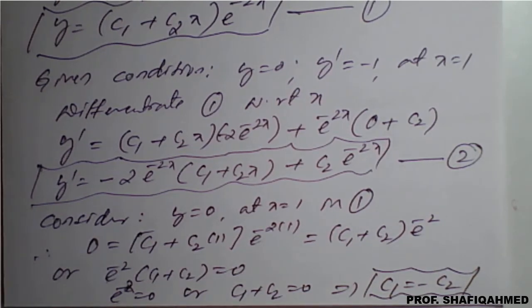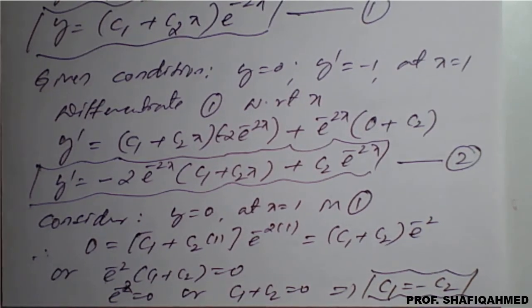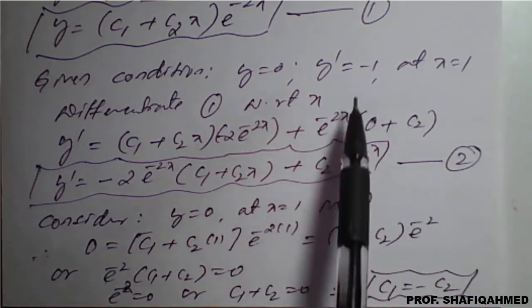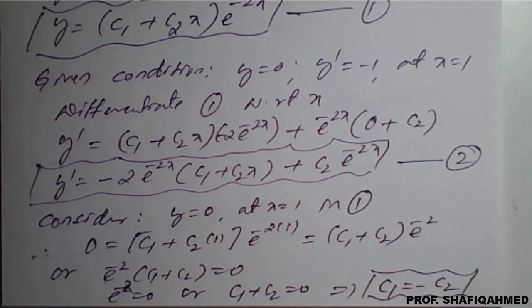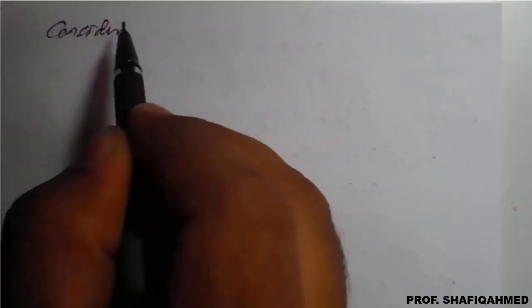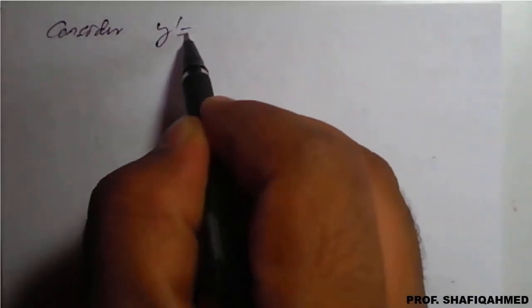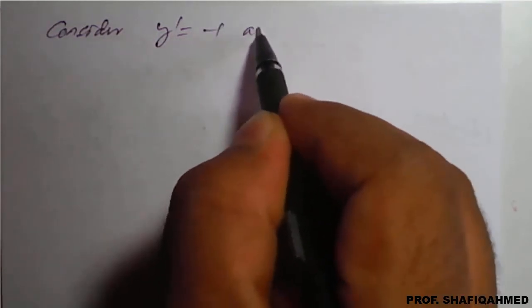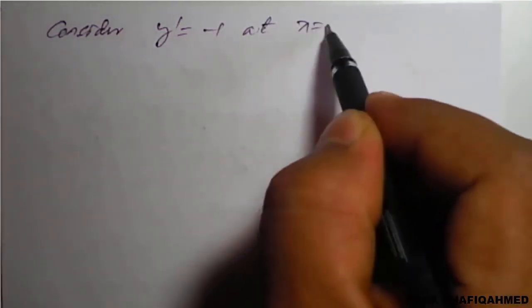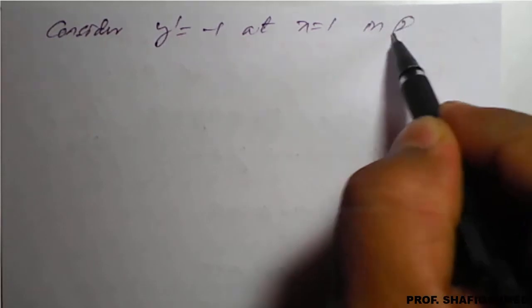So now we'll use again y dash is equal to minus 1 at x is equal to 1 in equation number 2. What we'll get, we'll see now. Now consider y dash is equal to minus 1 at x is equal to 1 in equation 2.